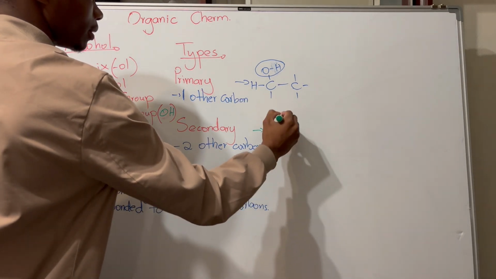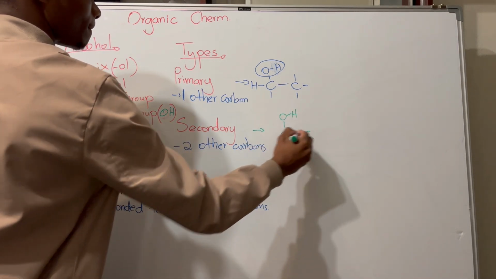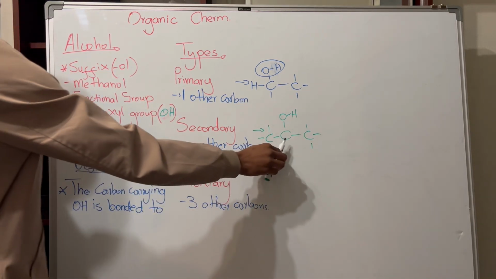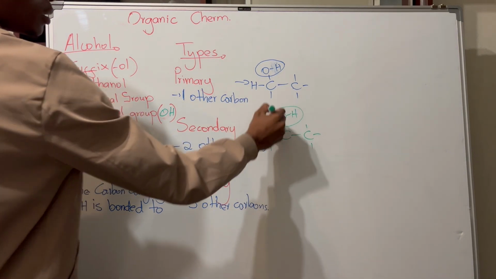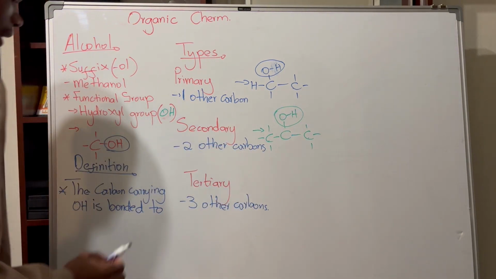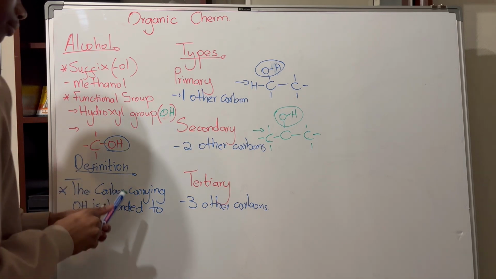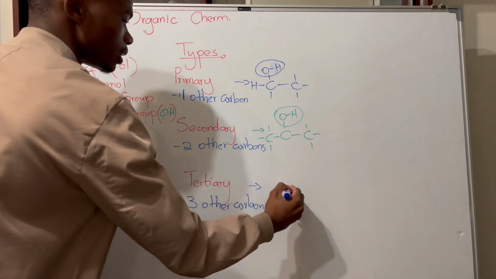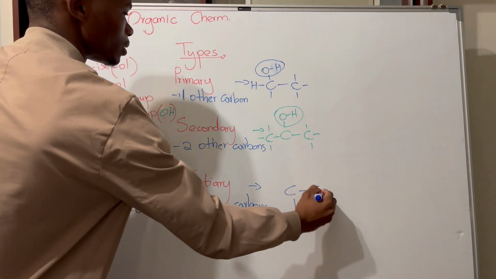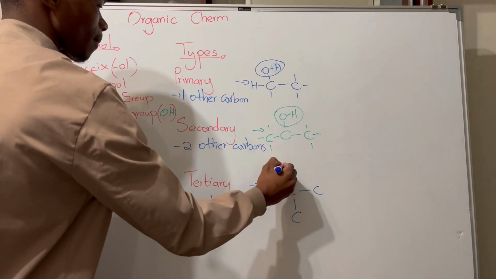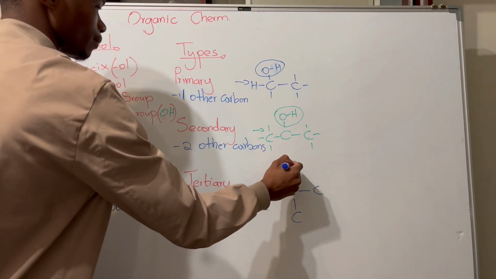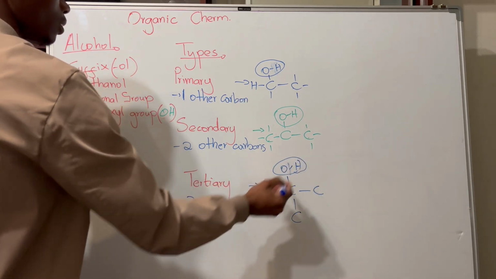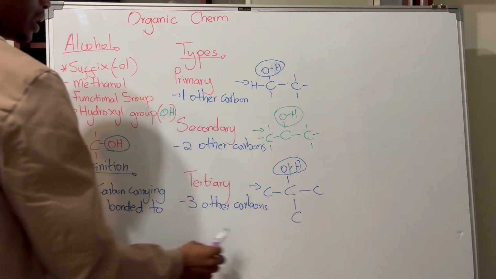So it will be something like that. So the carbon holding the OH is bonded to 2 other carbons, while in tertiary it's bonded to 3 other carbons. So it's going to be something like that. So the carbon holding the OH is bonded to 1, 2, 3 other carbons.